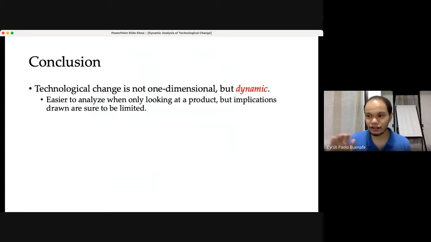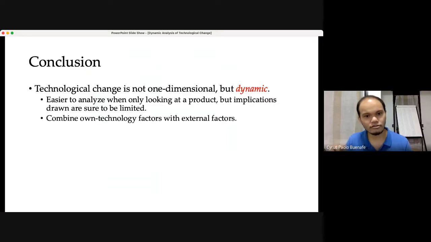And we're starting to see the reasons why the static analysis of technological change is limited. Okay? There are complementary products, there are other factors that we need to consider, and thereby, I mean, making the analysis dynamic. And here we have to understand that there are factors that are beyond the factors of one's own technology.